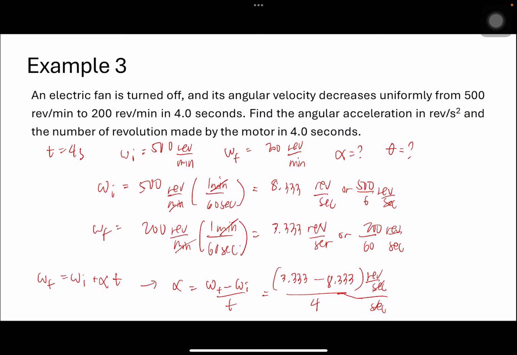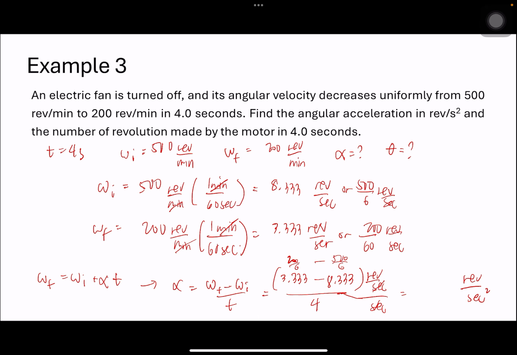It will be squared, so it will be revolutions per second squared. Take note that this is 200 over 6, then this is 500 over 6. So it's negative 300 over 6. Then times 4.